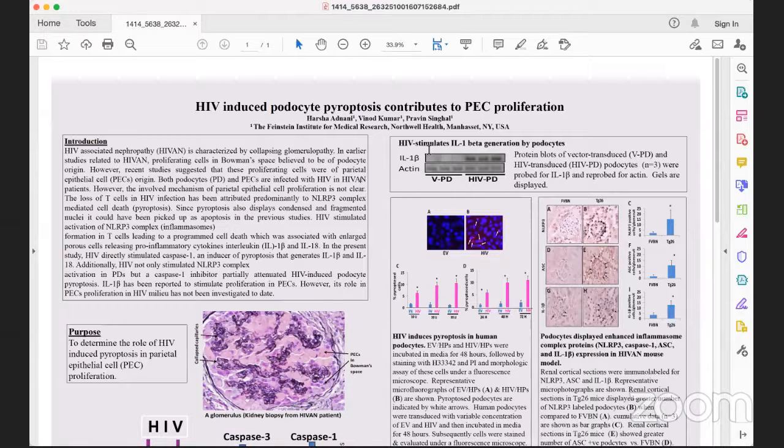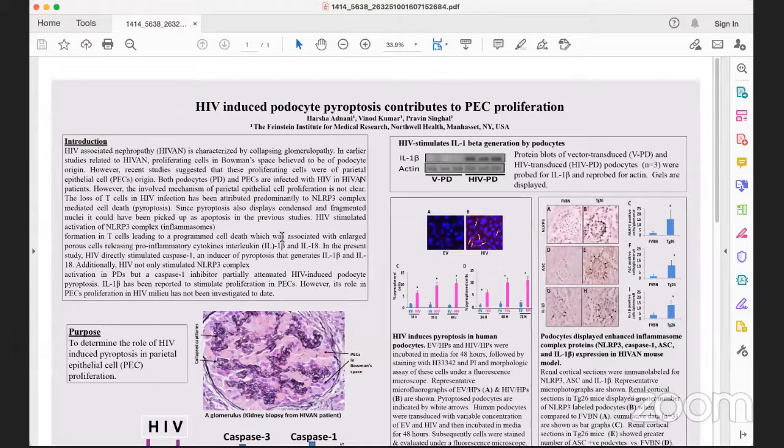Hi everyone, my name is Harsha Adnani, and my topic is HIV-induced podocyte pyroptosis contributes to PEC proliferation. We did this research on HIV-associated nephropathy, which is basically characterized by collapsing glomerulopathy. We show in earlier studies that the podocytes and PECs come from the same origin, but actually they have a crosstalk between each other.